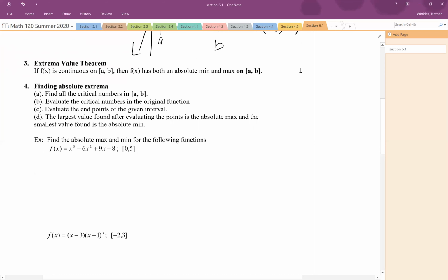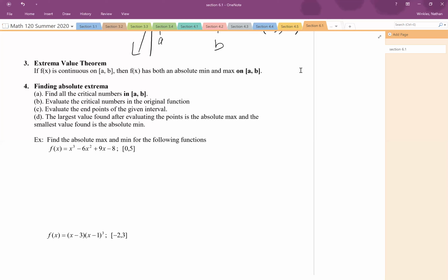So this is a good theorem because it guarantees us that if it's continuous, I mean, we didn't pick up our pencil anywhere inside of that interval, as long as that's true, we're guaranteed to have an absolute max and an absolute min. If our function is not continuous in there, we can't guarantee that we're going to have either one of these values.